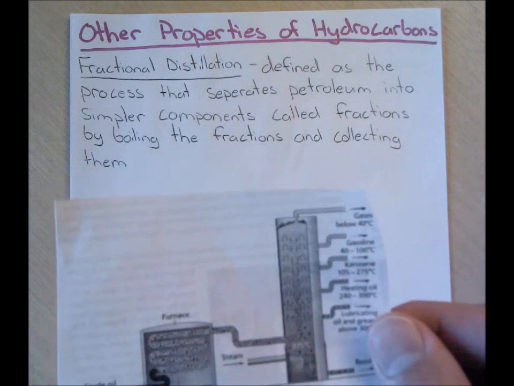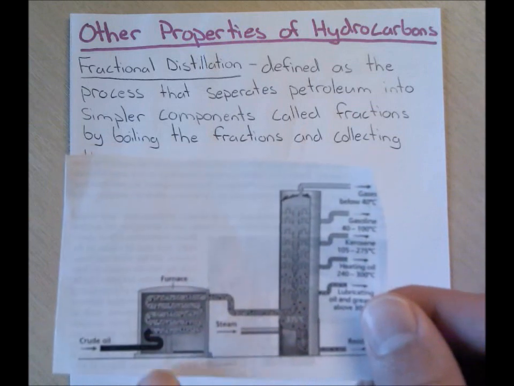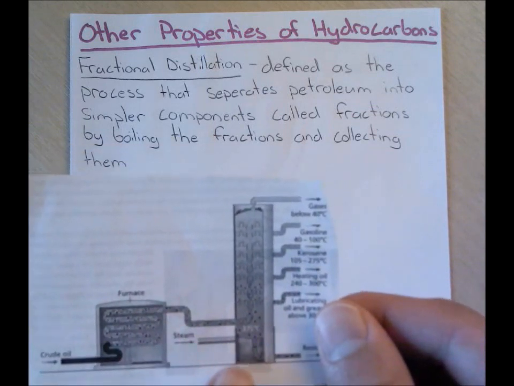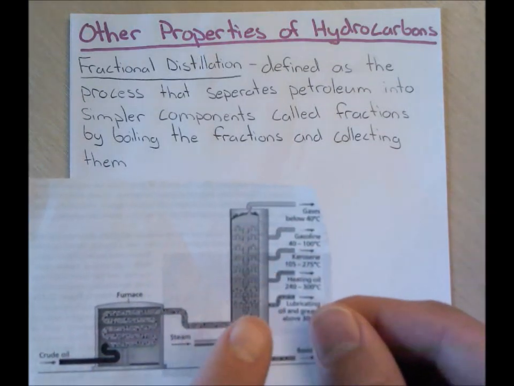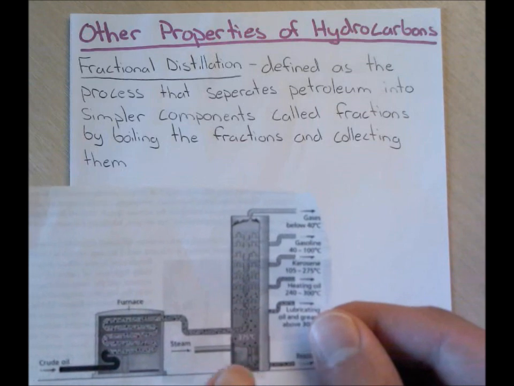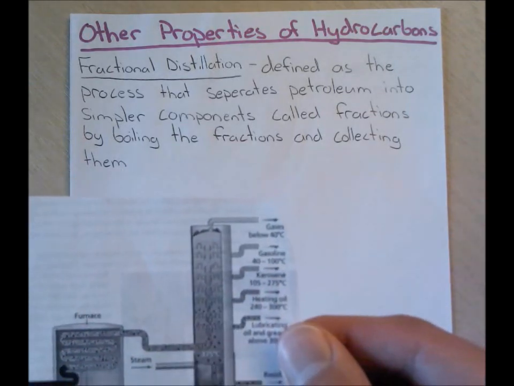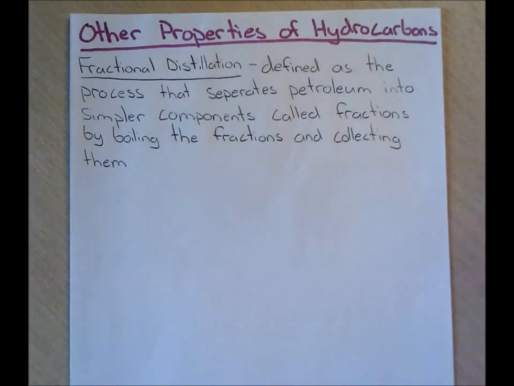They heat it up in this tank, and based upon the boiling points, we get different hydrocarbons to break off. I'll go over the steps here, but the first thing to remember is that this occurs in a series of steps.